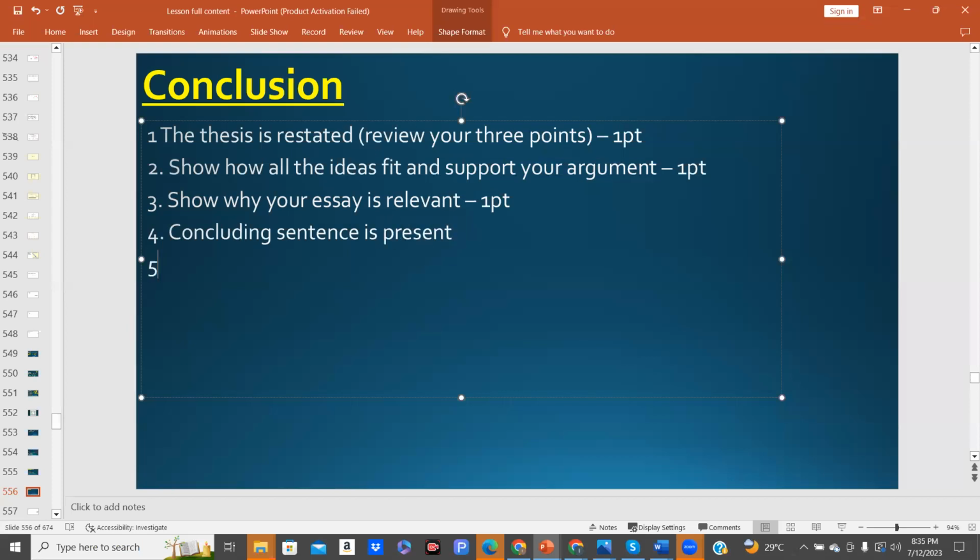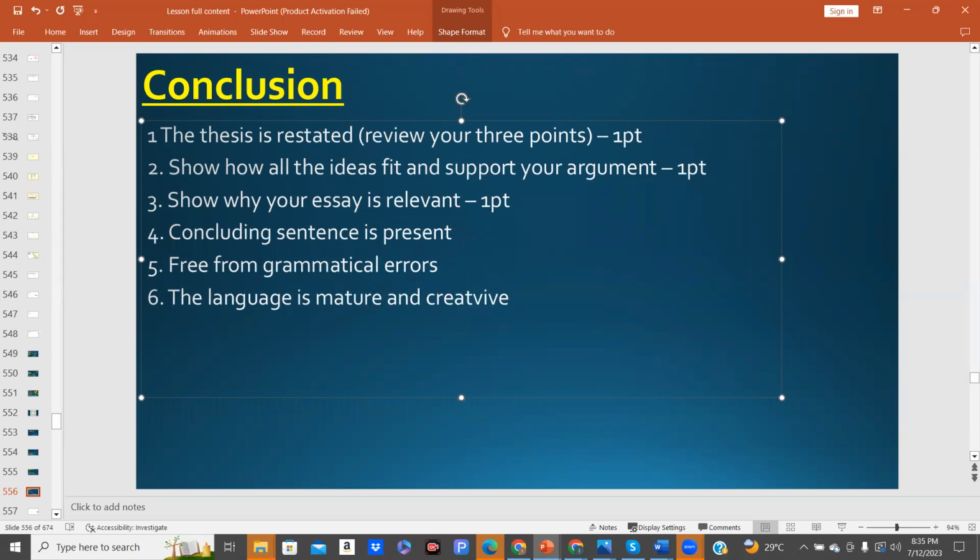Make sure it's free from grammatical errors. Make sure the language is mature and creative. That's 2 points. This is 1 point. This is 1 point. 2 points, sorry.